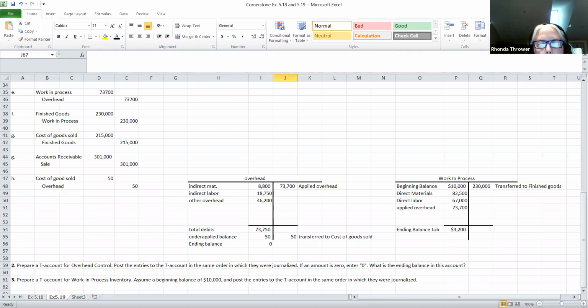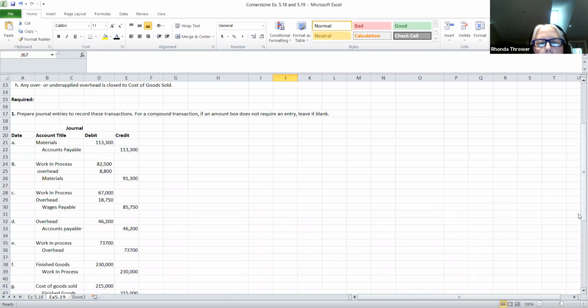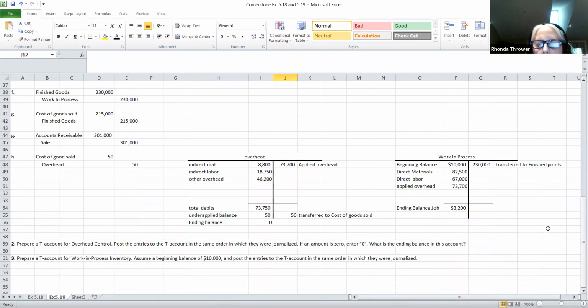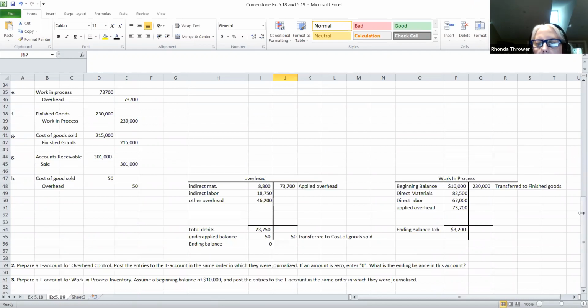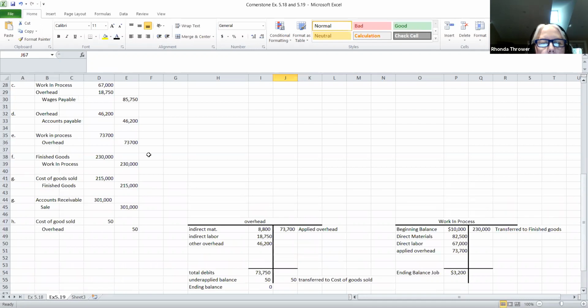And right here, they're telling you that they had a beginning balance. You might remember that, well, this is not the same problem, but they told you that they had a beginning balance here, so you had to put that beginning balance in first. Then what you would do to your work in process, you're going to add the direct materials.